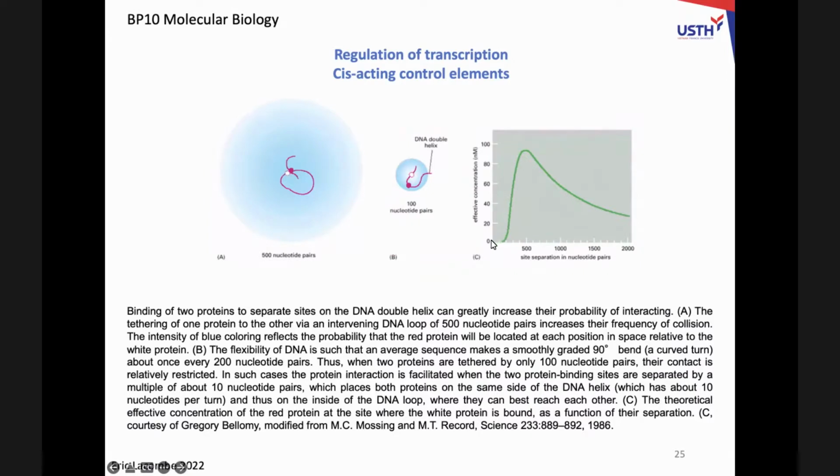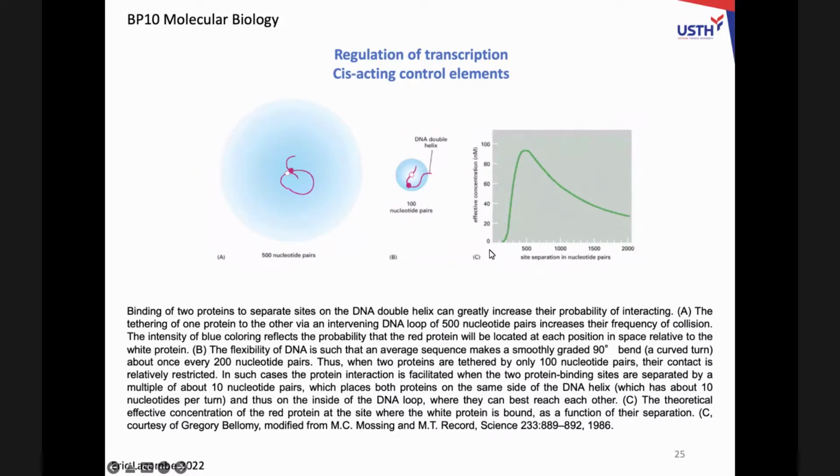And on the x-axis, it is the physical distance, so it's written site separation in nucleotide pairs, is the base pair distance between the red and the white site. You understand the concept of the experiment. So y-axis, the probability of having red touching white, and in x-axis, the physical distance of white compared to red. Do you understand the graph?